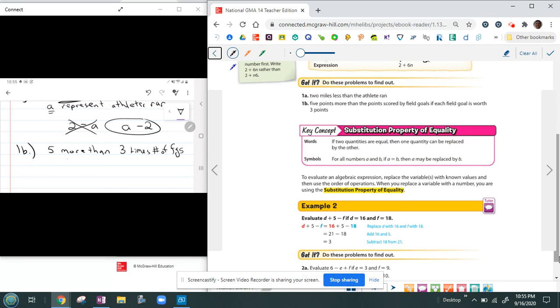All right, we have 5 more than. Okay, so what don't we know? We don't know the number of field goals. So we're going to have to represent the number of field goals with a variable. So let's go F for field goals. Let F represent the number of field goals.